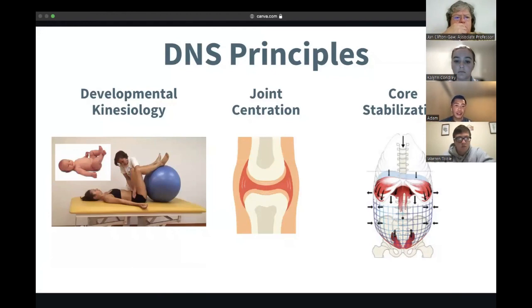The clinician would place the hip into that position and have the patient do exercises. The third one is our topic today, core stabilization, because everything starts with the core. Imagine if you try to move your arm, you would have to have a stable base through your scapula, and the scapula connects to the torso. That's why core stabilization is a fundamental aspect of DNS.